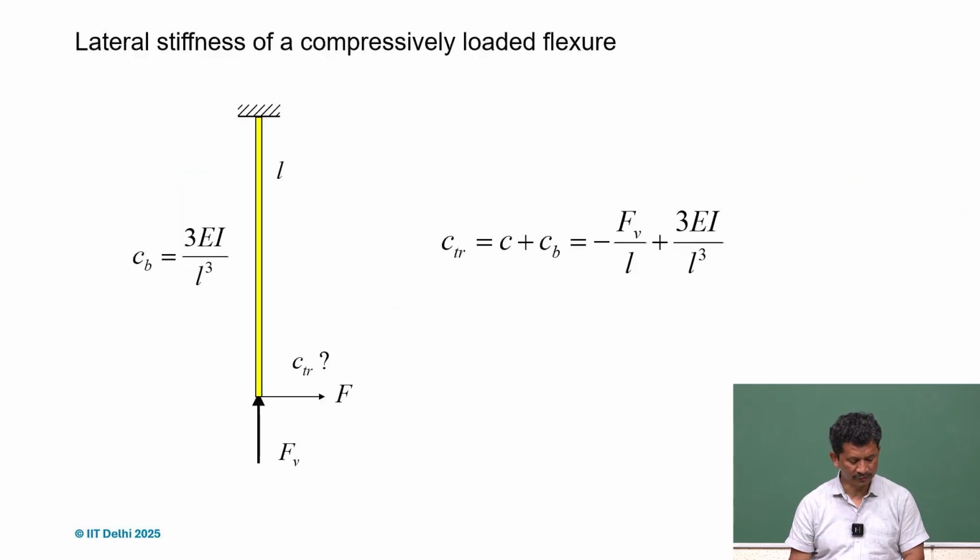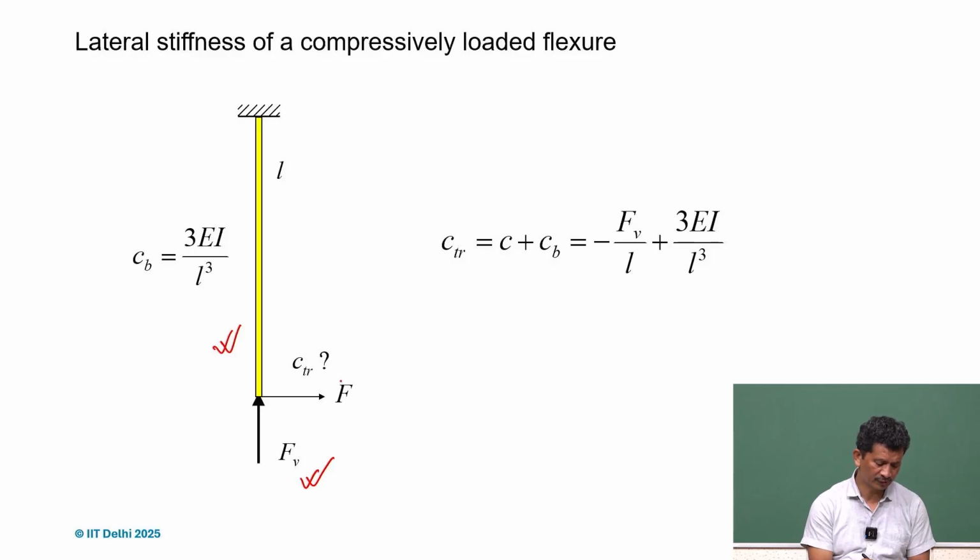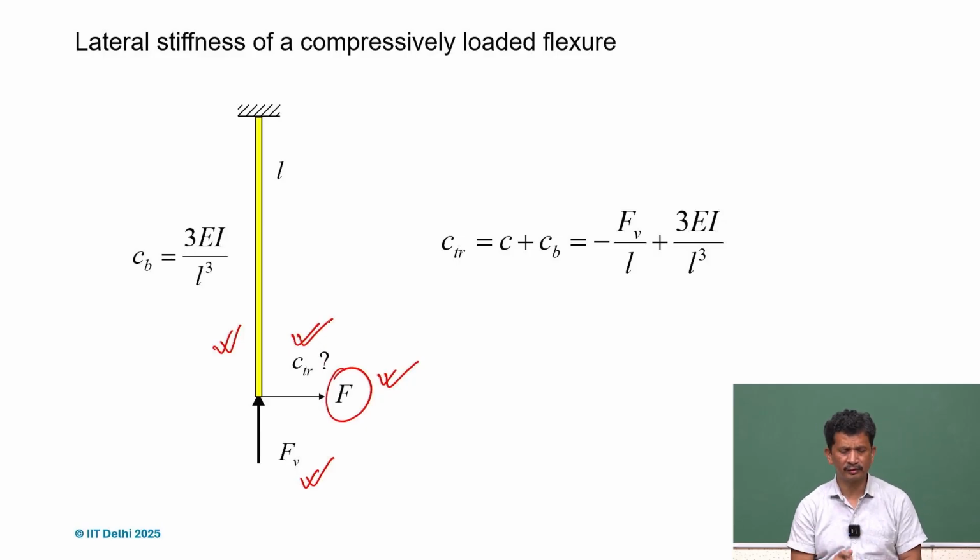As we move on, just consider a cantilever. Now it's not hinged, but it's a cantilever beam. And if we apply a force FB in the negative direction in this case, what are the forces and what are the stiffness values? For instance, we are interested in the total stiffness in this direction.